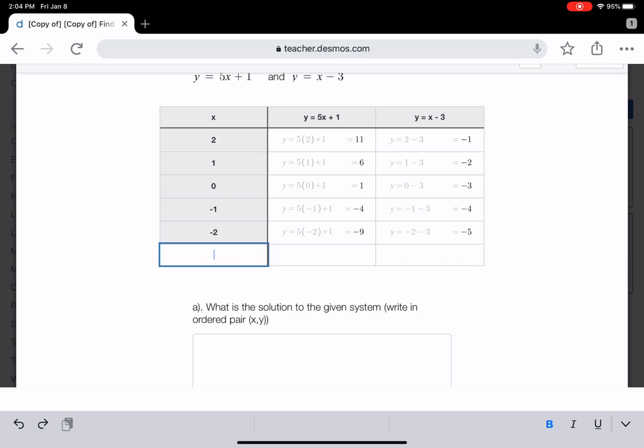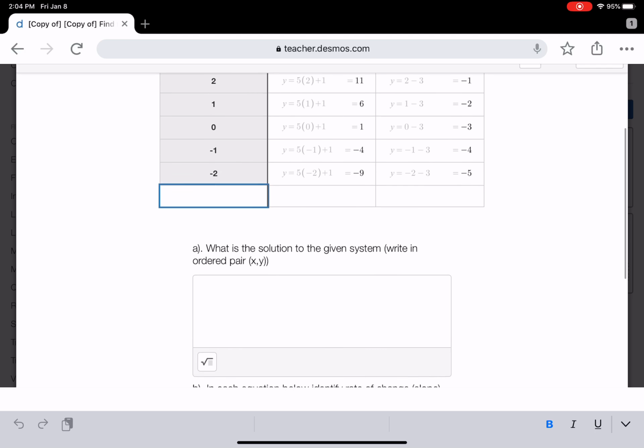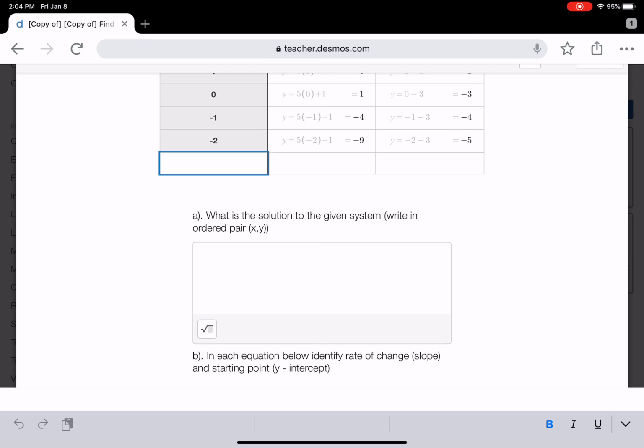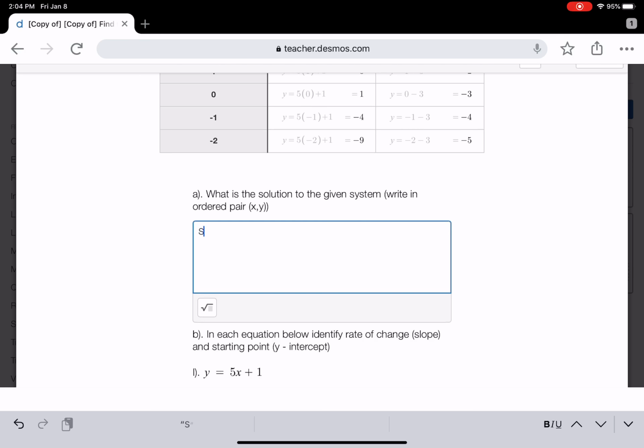So what is the solution to the given system? Write it as an ordered pair. So the solution is negative 1, negative 4. That's the solution to the system.